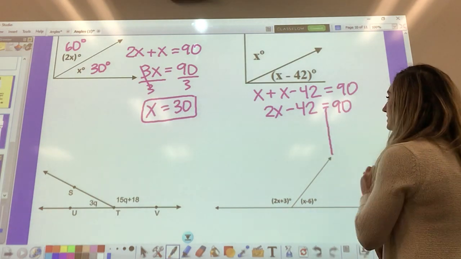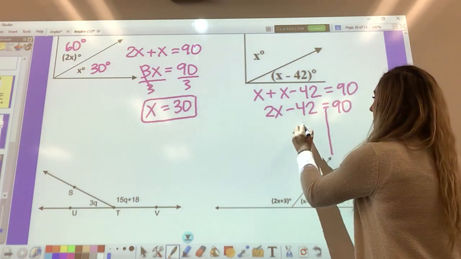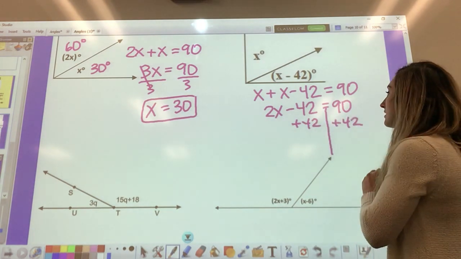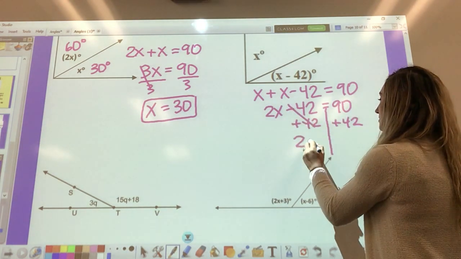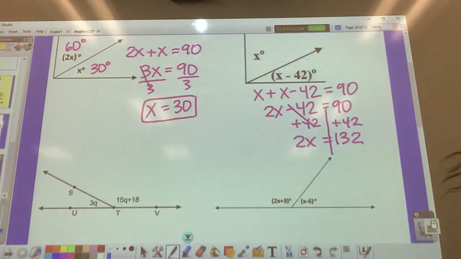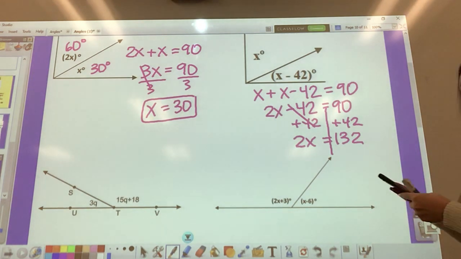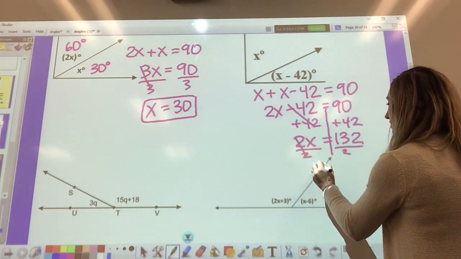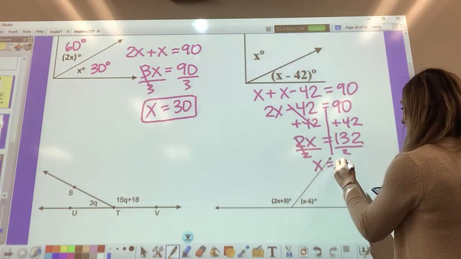I'm going to draw my line here. I would want to get rid of that minus 42 by adding 42 on both sides. That leaves me with 2x equals 132. And then lastly, you just need to divide both sides by 2 to get x equals 66.